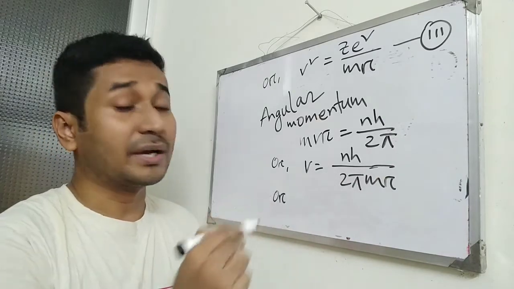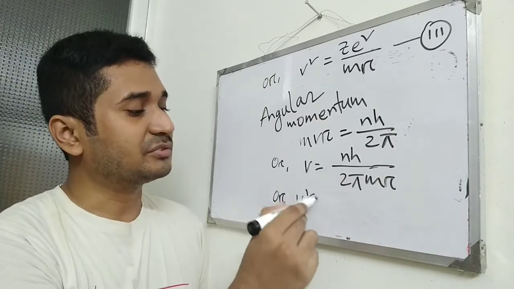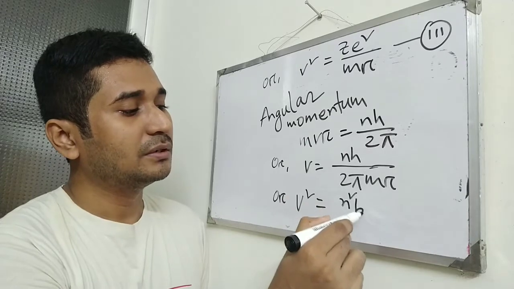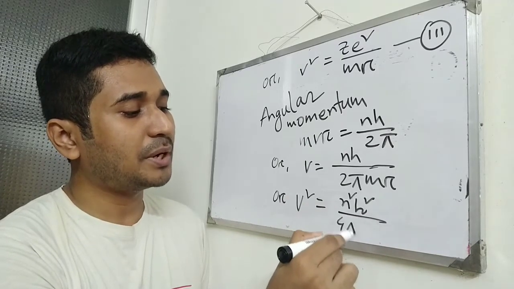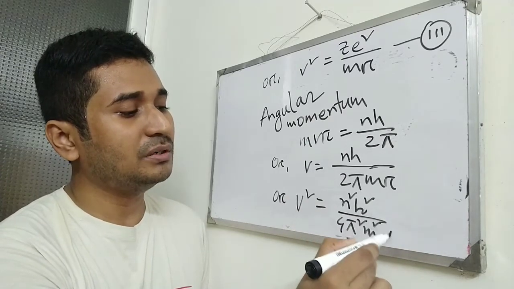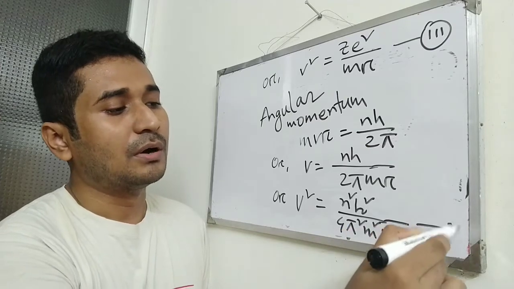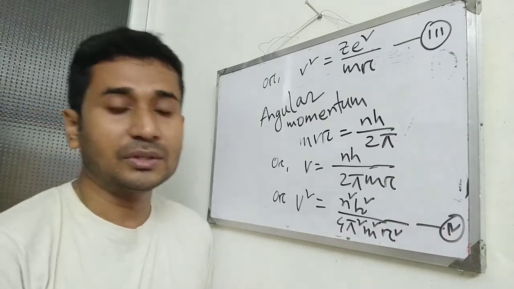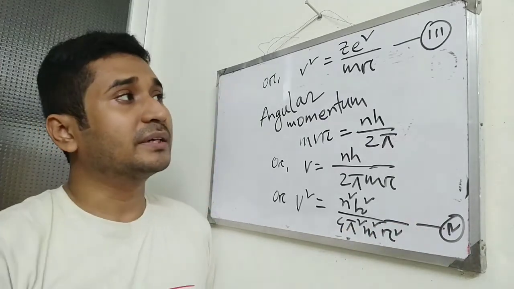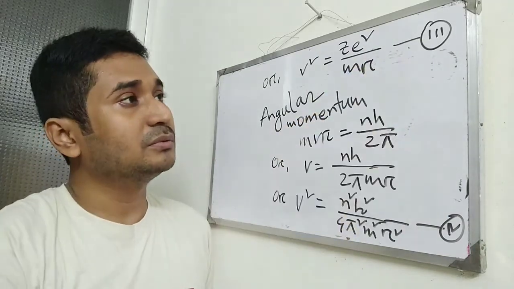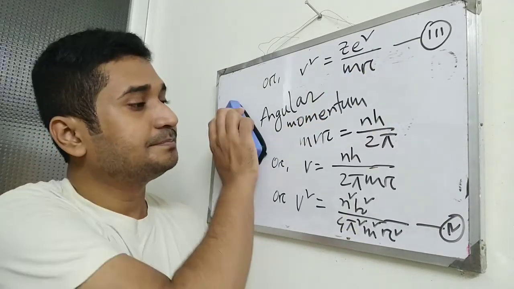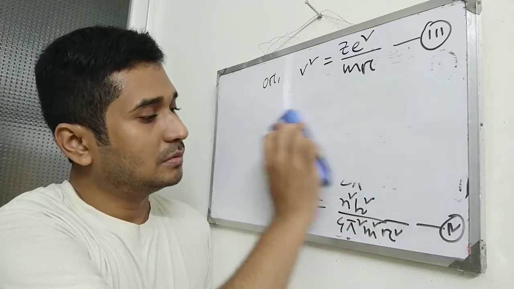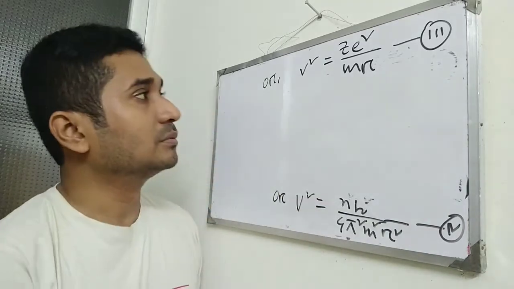Then you can square like this. v square is equal to n square h square by 4 pi square m square r square. Okay, number 4 equation. You can again compare this equation number 3 and number 4.